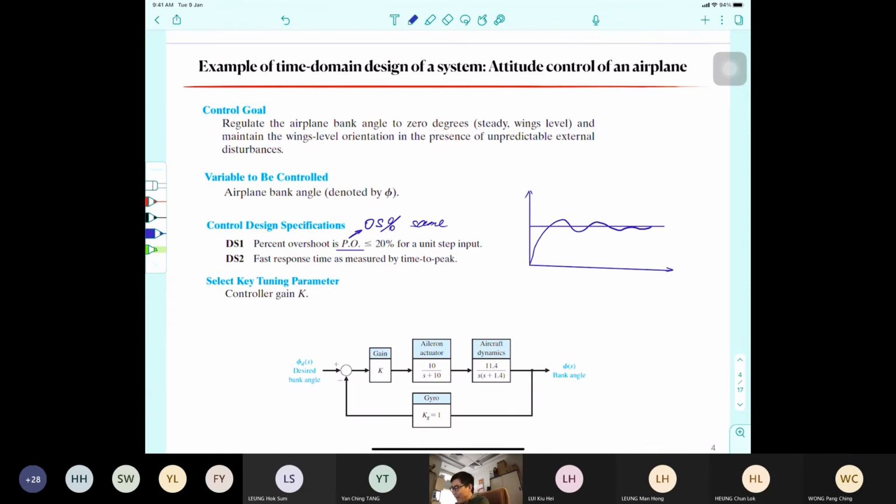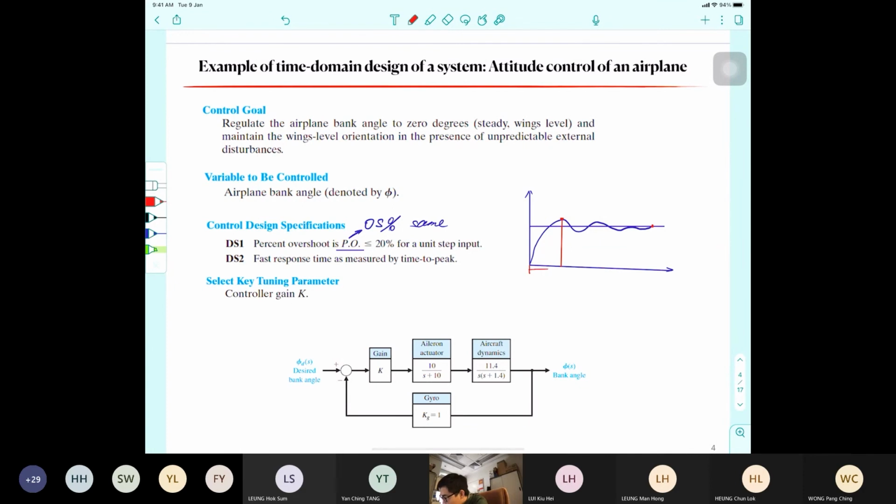But before it comes to the final wanted value, before the settling time, it will have a peak time here, right? Because this is the maximum overshoot.